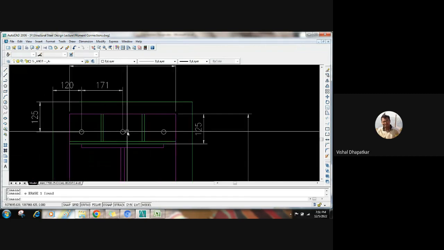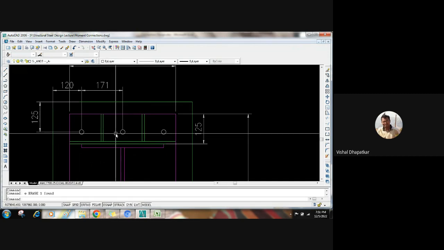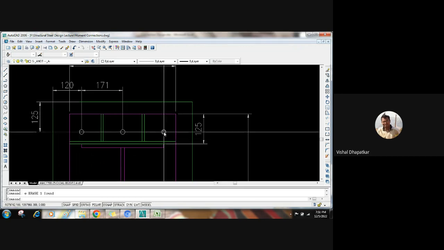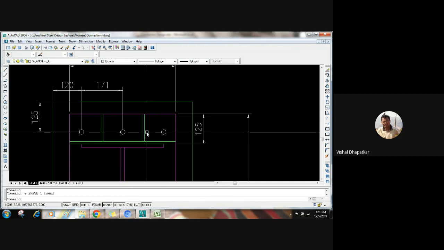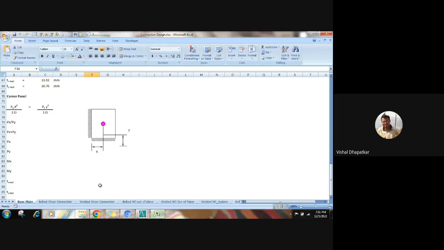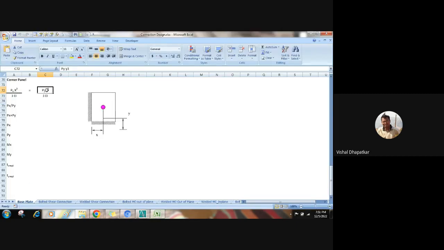Here also we have to consider the two different equations for the deflection, but in this case we have to consider one, because it is cantilever from this side as well as cantilever from this side. So both the equations we have to compare, px cube and py cube, right? X and y, it is cantilever from both the sides.